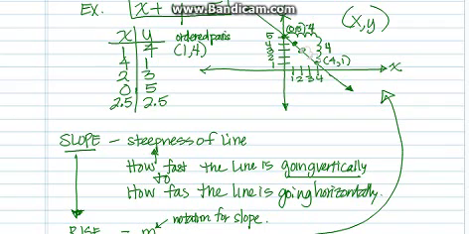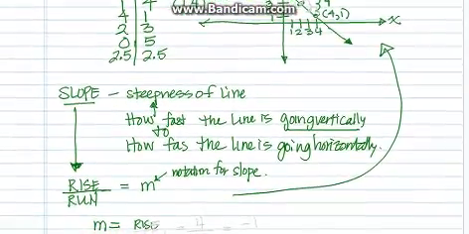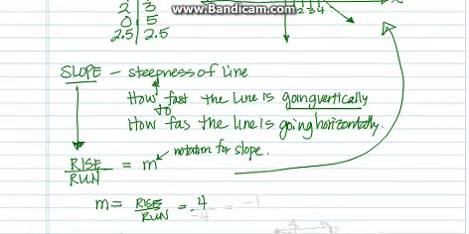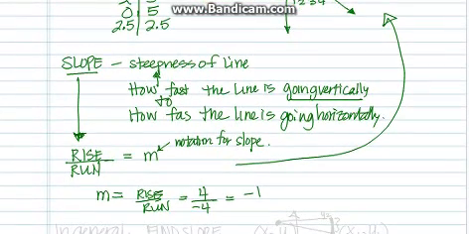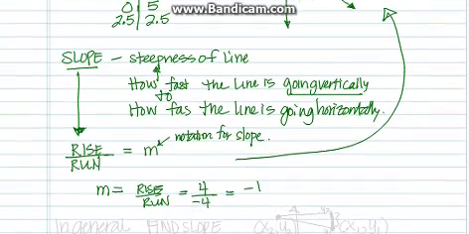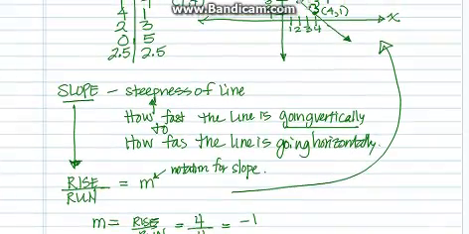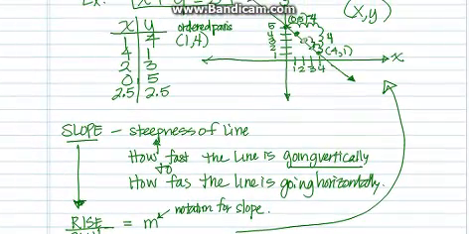Since I moved to the left, I'm going to put that 4 as a negative. So in other words, for this example, I would say that my slope is equal to the rise over run, which is going to be 4 over negative 4, which is negative 1. Now, a slope is a ratio really between the rise over run between any of the points on our graph. So if I go up 1 and left 1, it still puts me on my graph.